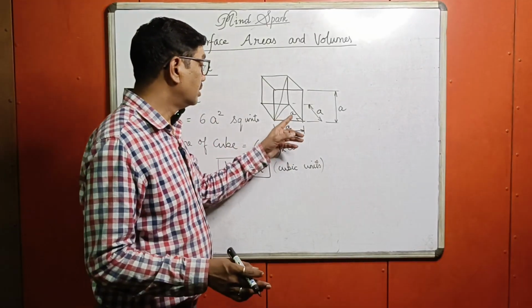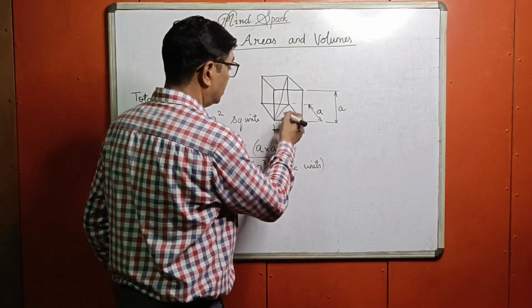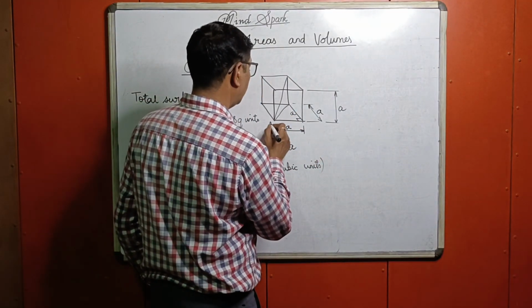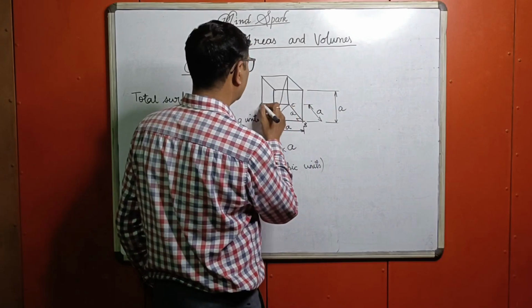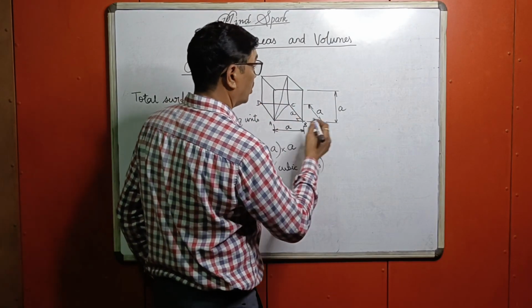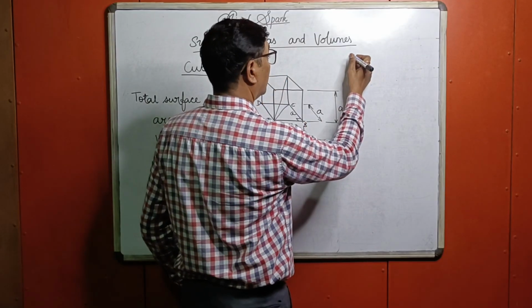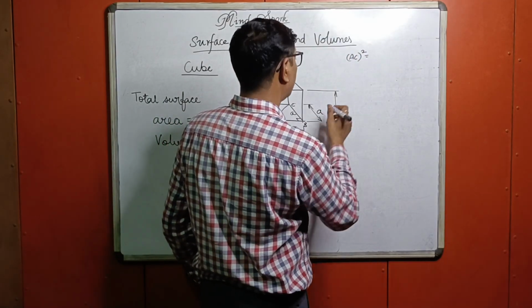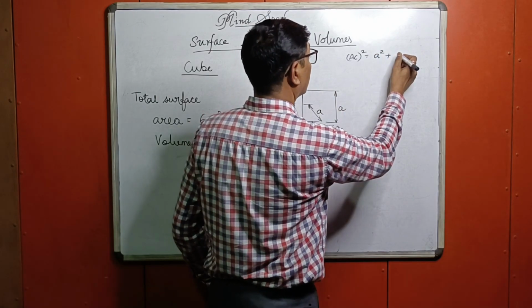So when you want to find the diagonal, for example you take A, B, C, D, and you want to find AC. AC square is equal to AB square plus BC square, that is A square plus A square.